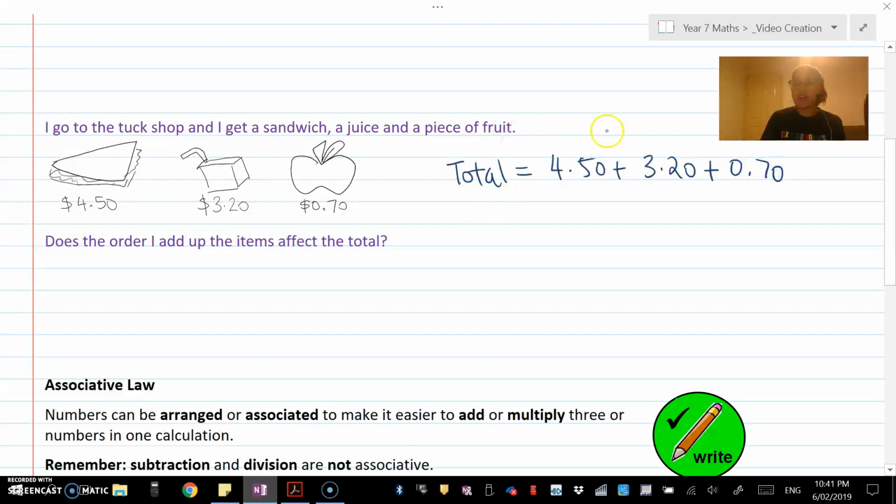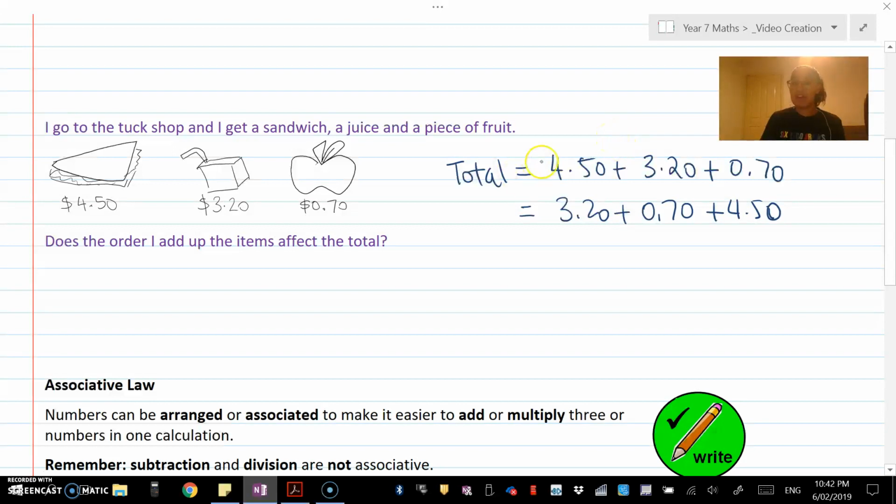Now I can put them in any order. It doesn't matter if I put $4.50 then 70 cents then $3.20. They will all equal the same thing, won't they? So $3.20 plus 70 cents are still gonna give you the same total. So that's something that we can do.